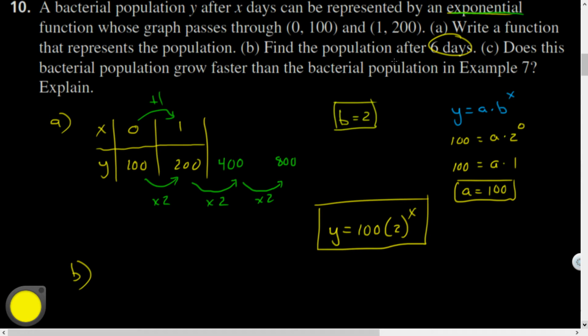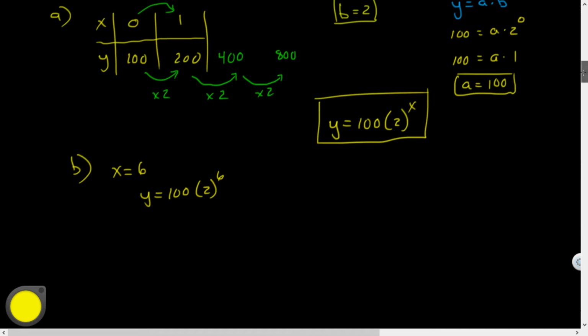Well, x was the number of days. So y equals 100 times 2, and I'm plugging in 6 for x, so 2 to the 6th. All right, so y equals 100 times 2 to the 6th.